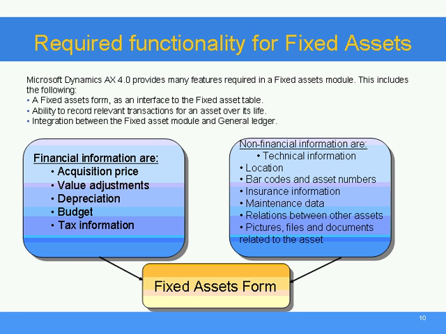Examples of non-financial information about the asset are technical information, location, barcodes, serial numbers, insurance information, maintenance data, relations between other assets, pictures, files, and documents related to the asset.